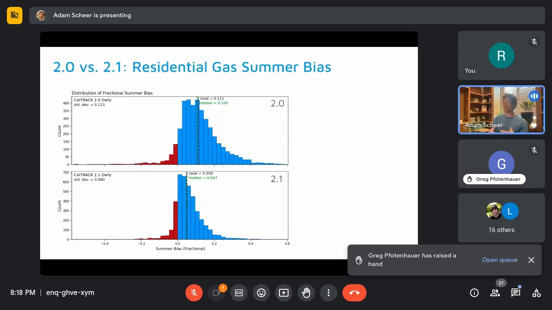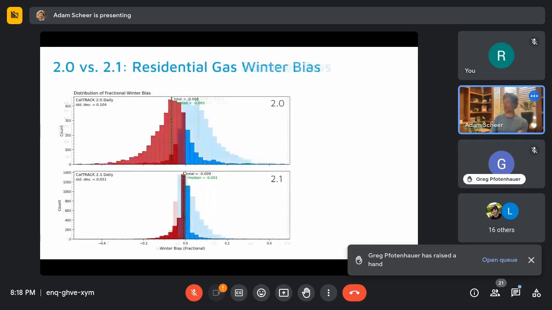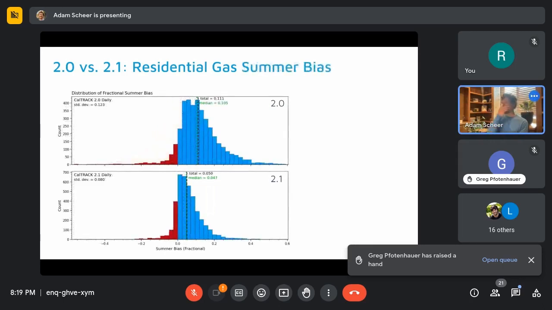You might ask, well, why didn't you get it down to 0? Why in the 2.1 model do you still have some bias, whether it be winter or summer or shoulder? And the answer is because we are using this penalization function approach that prevents the model from splitting into its most complex form, because doing the latter would induce a large amount of overfitting.